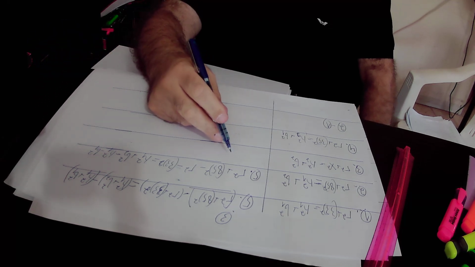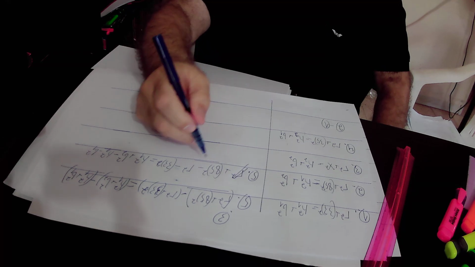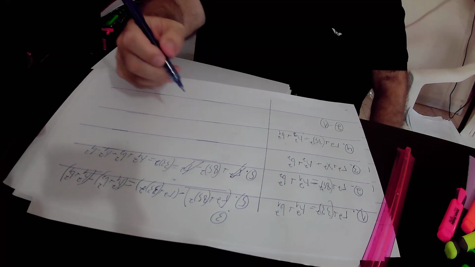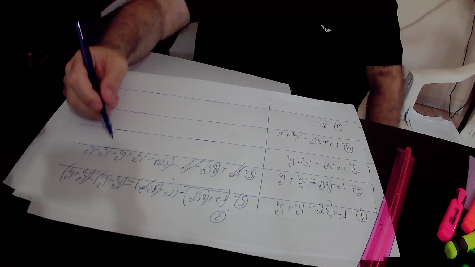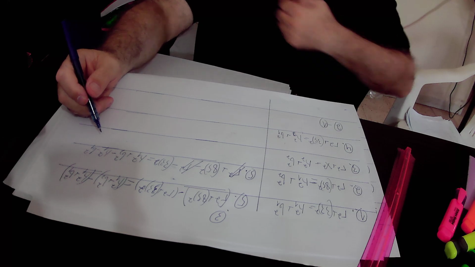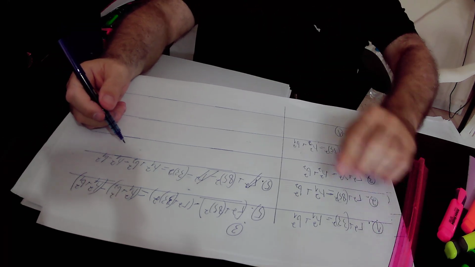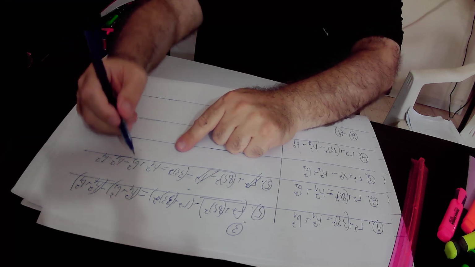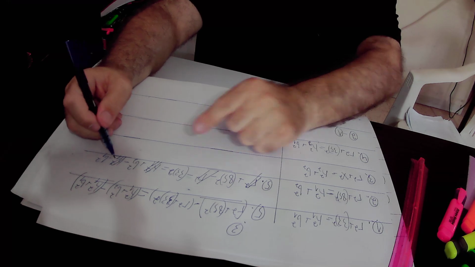On this side of equation number 5, r square minus r square is 0, so r square gets cancelled. On the other side, h1 square minus h1 square is 0, so h1 square also gets cancelled.